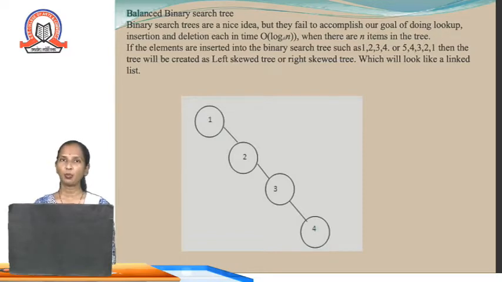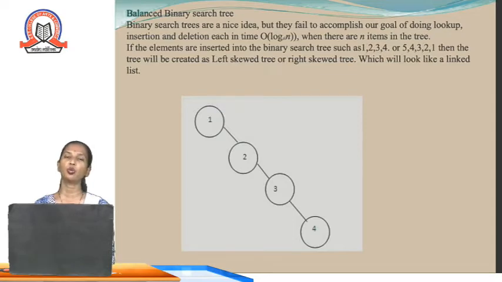But there is a problem that occurs with the binary search tree, as in the example given here. If I insert the nodes in a serial fashion, that is 1, 2, 3, 4, this is the way your tree will be created. 1 is the root node, towards the right 2 is created, towards the right of 2, 3 is created, and towards the right of 3, 4 is created.